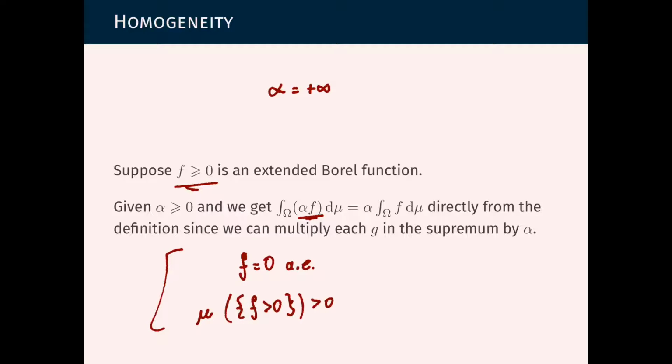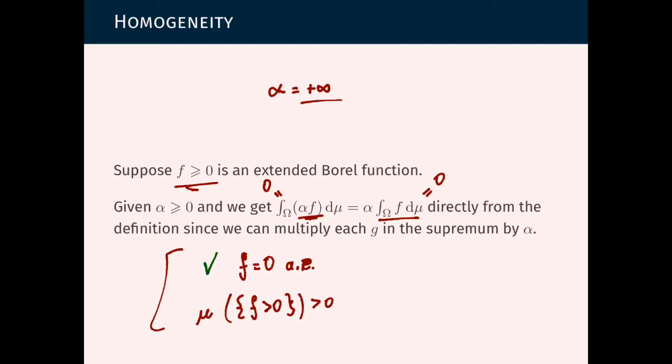The only difference is that in the parts where it's not 0, now it will be infinity. But this set has measure 0, so this integral is equal to 0. And likewise, this integral is equal to 0 when we multiply it by alpha. Even if alpha is plus infinity, we still get 0. So this case is no problem.